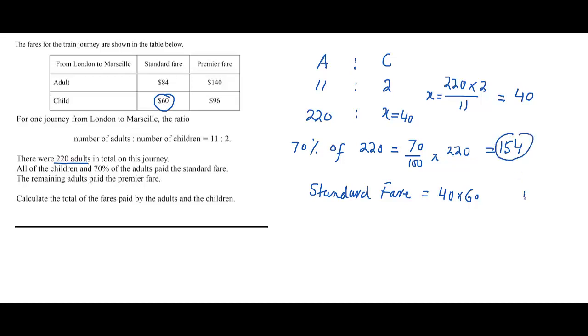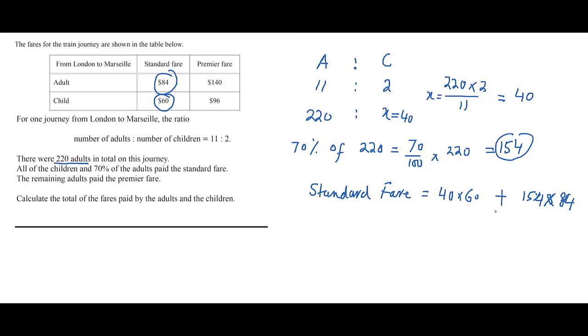So 154 times the standard fare for adults, which is 84. After finding the individual standard fare, we will add both of them.